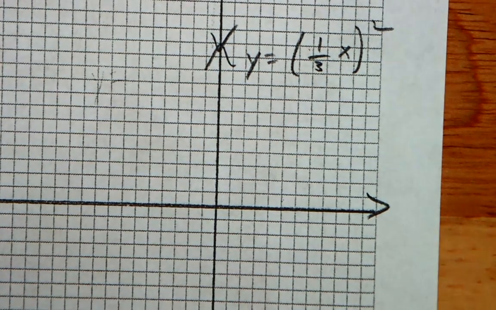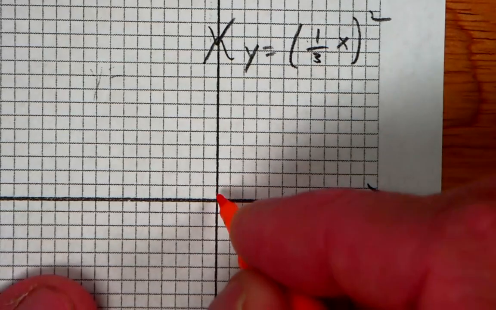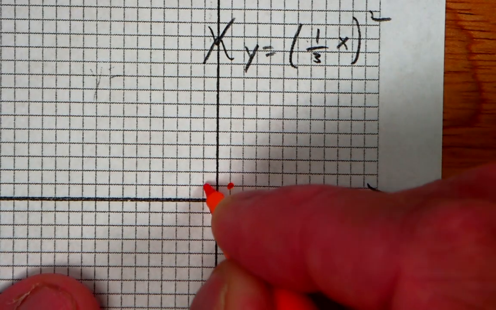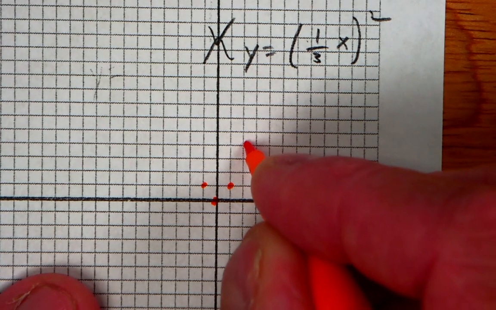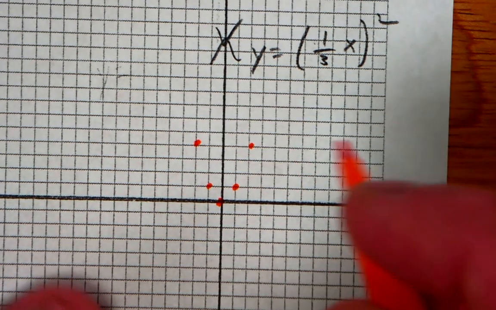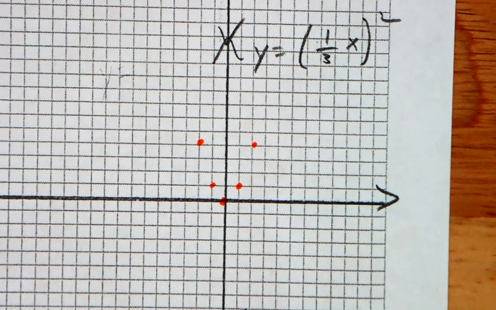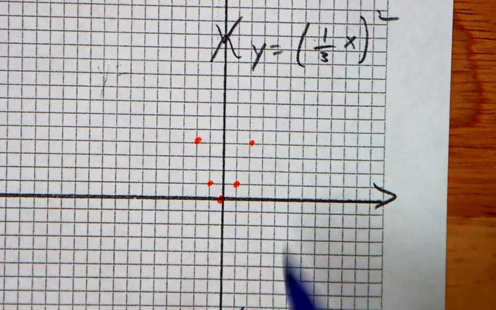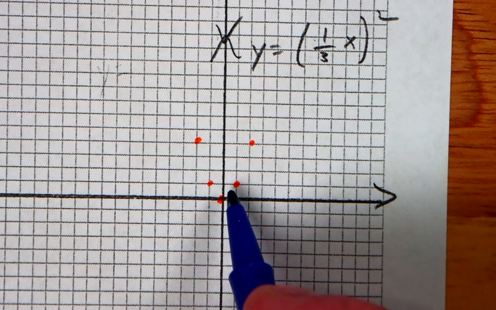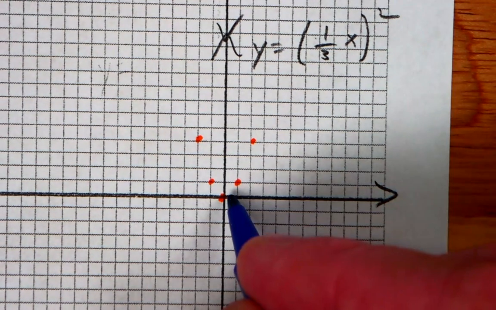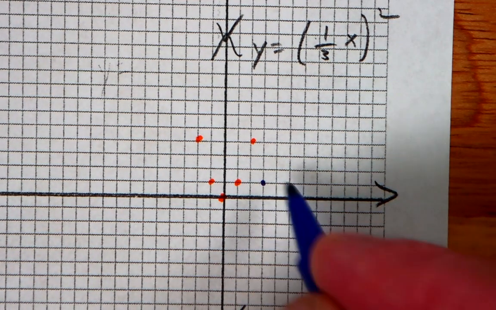Okay, let's plot my original. So what's going to happen with this 1/3? What's it going to do? Yeah, it's horizontal. It's going to make it the reciprocal of 1/3, so 3 times as wide. So now instead of going out 1, up 1, I'm going to go out 3, up 1.